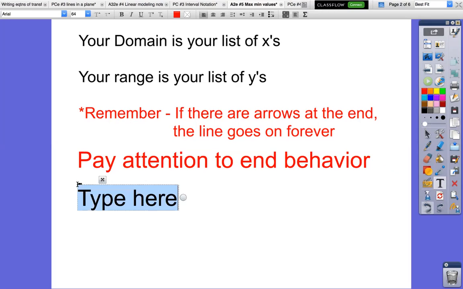For instance, and I'm going to make this not bold. I feel like I'm yelling at you guys, or smaller. For instance, what you need to look for is this. Are there arrows?